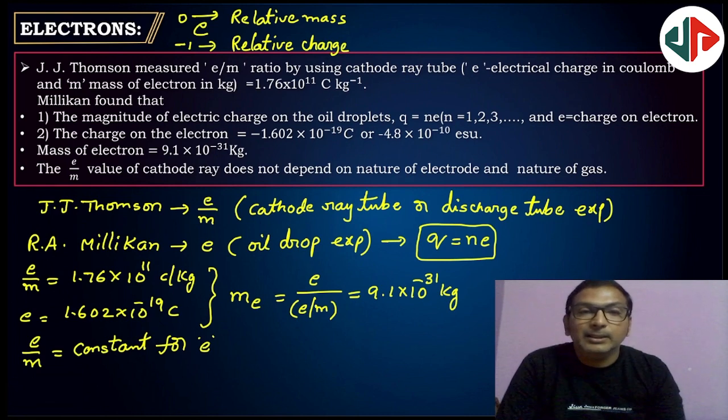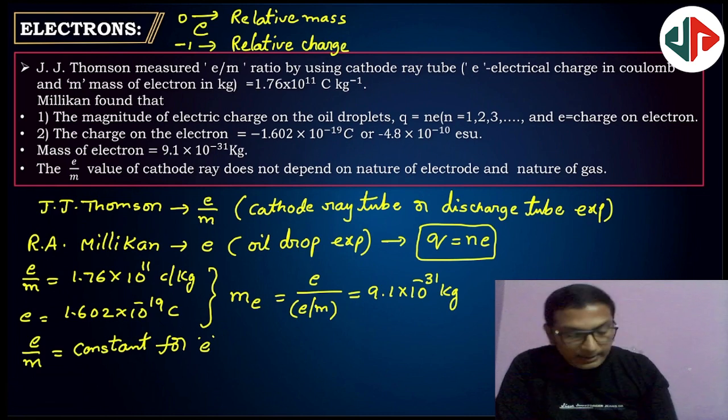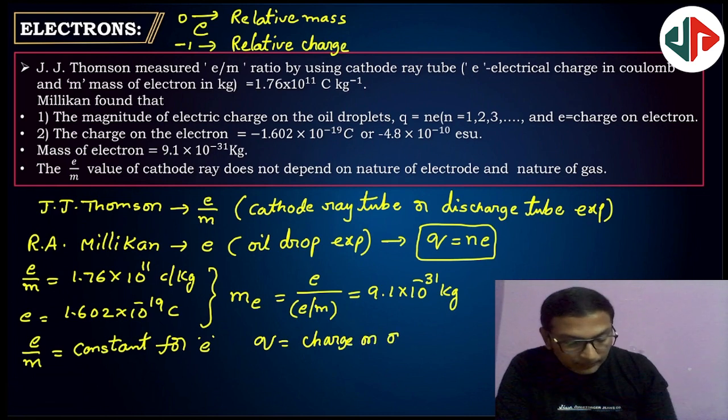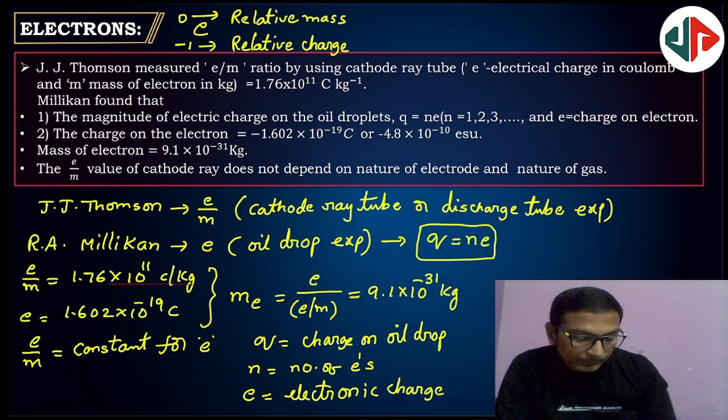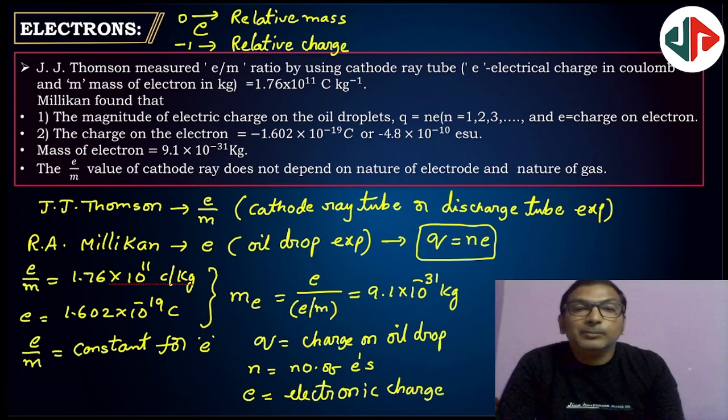Here Q is the total amount of charge on oil drop, N is the number of electrons, e is the electronic charge. So these are important points about electrons.